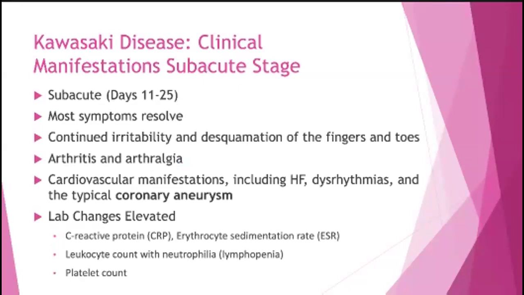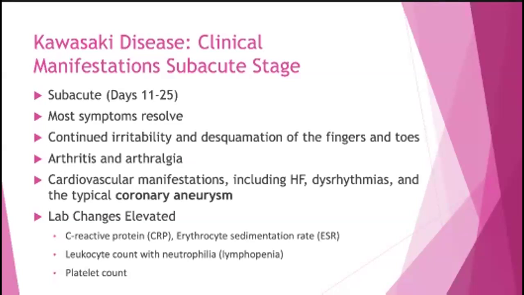In the subacute stage of Kawasaki's disease, the fever is gone, and the kids might have skin peeling on their hands, their fingers, and their toes. They may be irritable, they may have joint pain. This is the highest risk period to develop the coronary aneurysm, so nurses need to monitor closely.